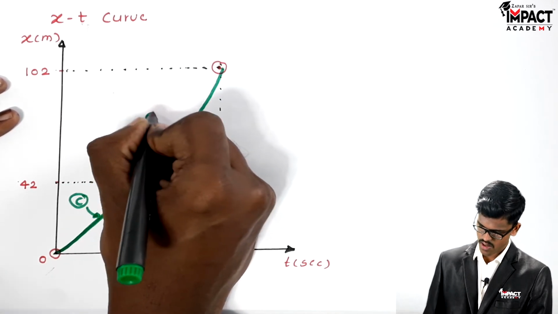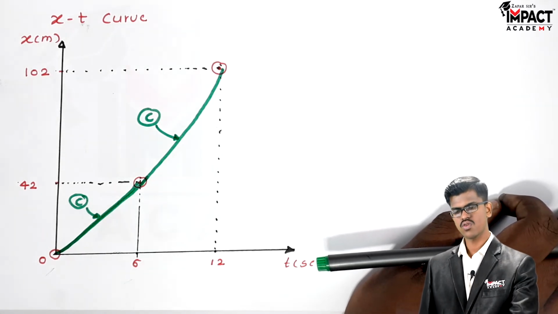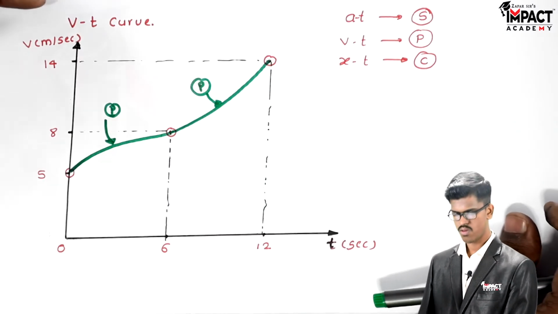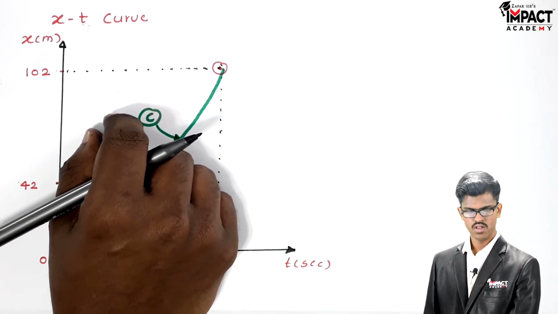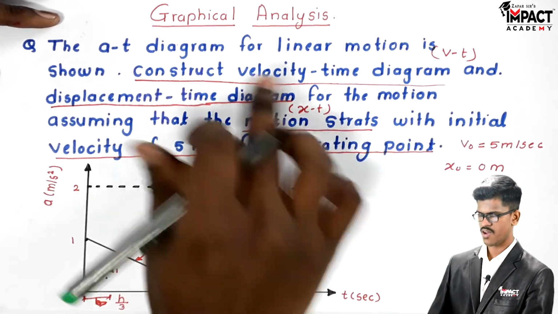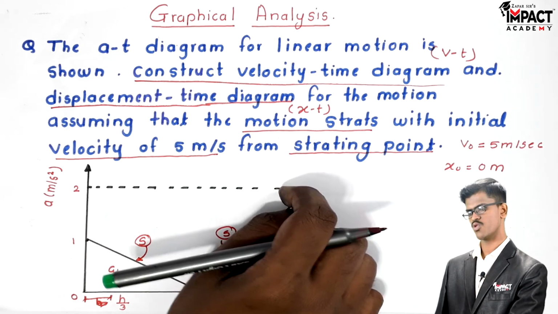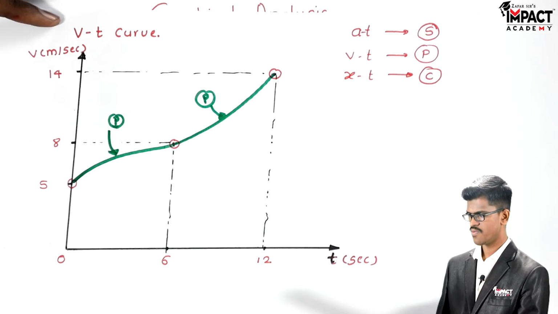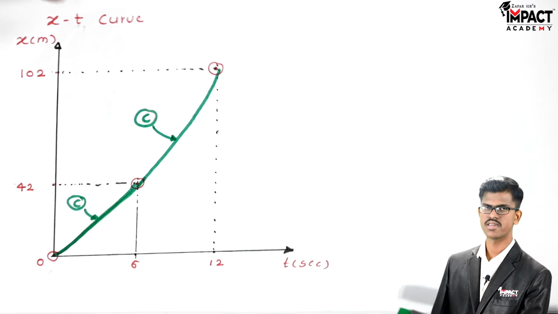They asked to construct the v-t velocity time diagram and the displacement time diagram. We plot both curves, the v-t curve here and the x-t curve here. Okay, this is our final answer.